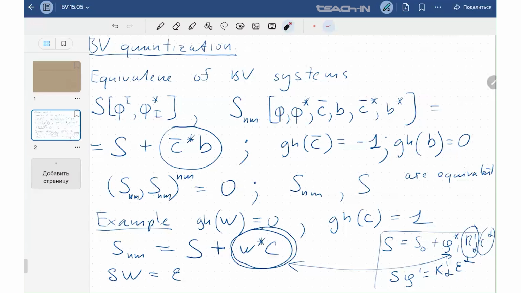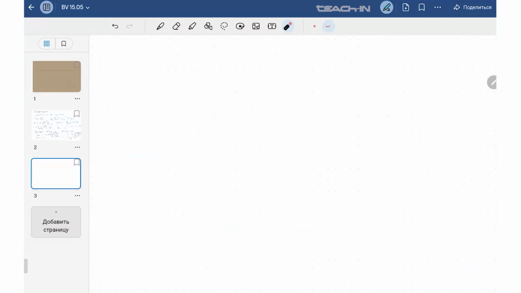And in particular, it's not difficult to make sure that cohomology doesn't change under such a trivial extension. For instance, let's consider the BV differential associated to this action. So let's go to the next page.